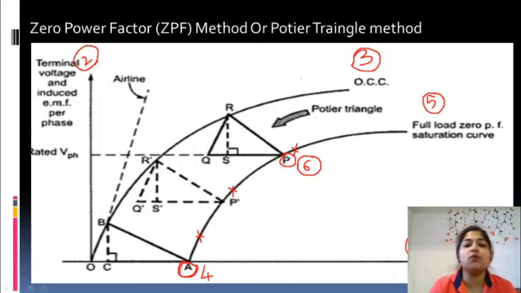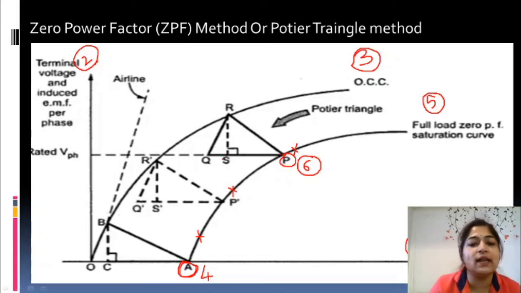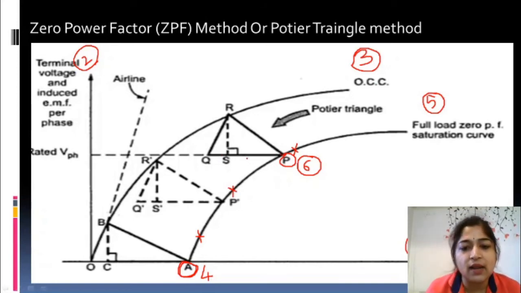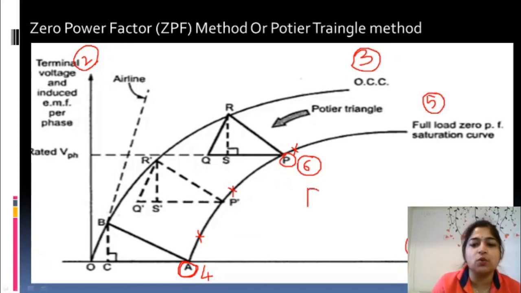Now we will draw a horizontal line from point P parallel to the x-axis, and the length will be equal to OA.